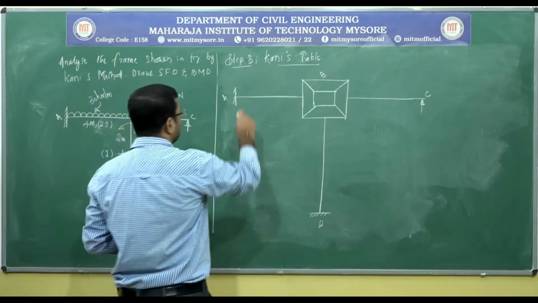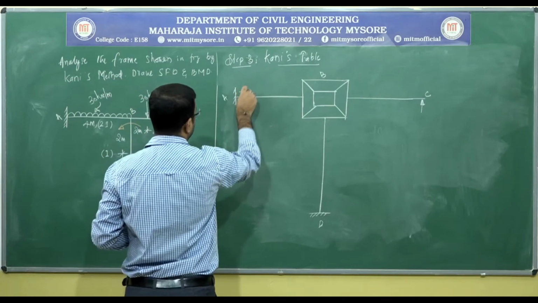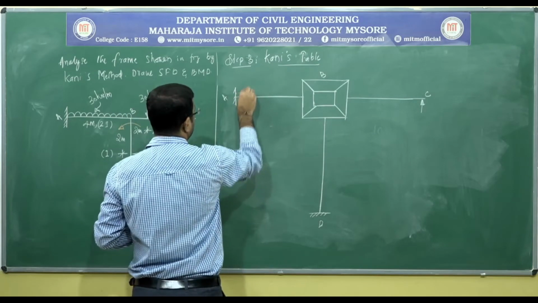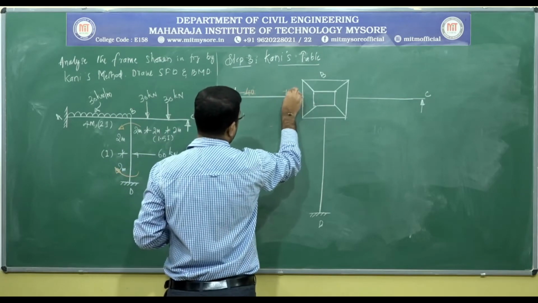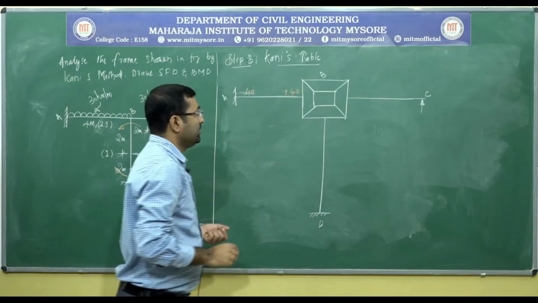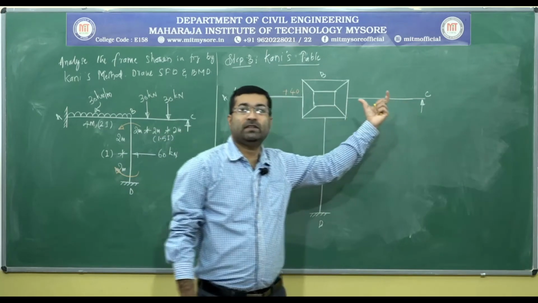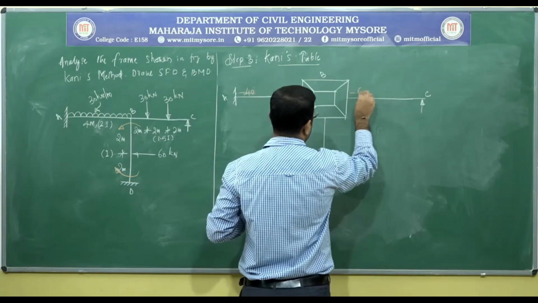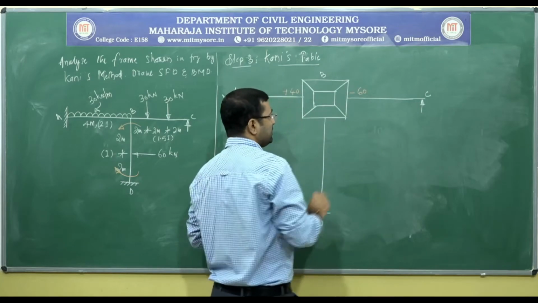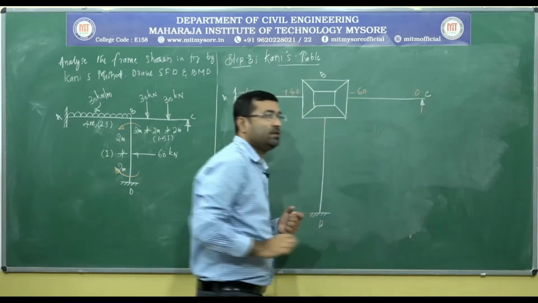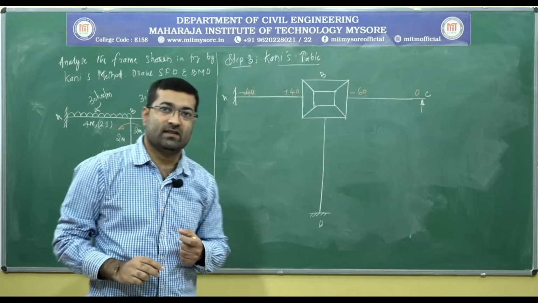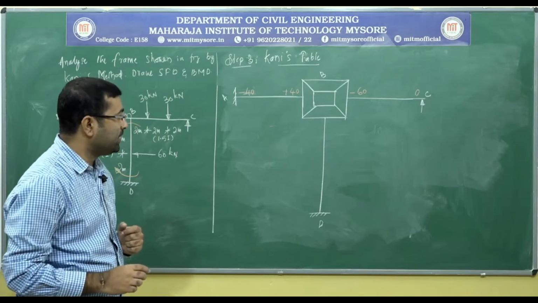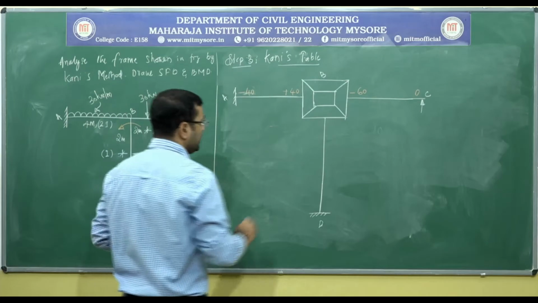Now we have to write the fixed end moments for this table. The fixed end moment MFAB here is minus 40, and here it is plus 40. And for the BC member we have modified the fixed end moments, so we need to use those modified fixed end moments. MFBC is minus 60, and MFCB we have modified, we have made it 0. And for the third member, that is member BD, it is minus 30 and plus 30.